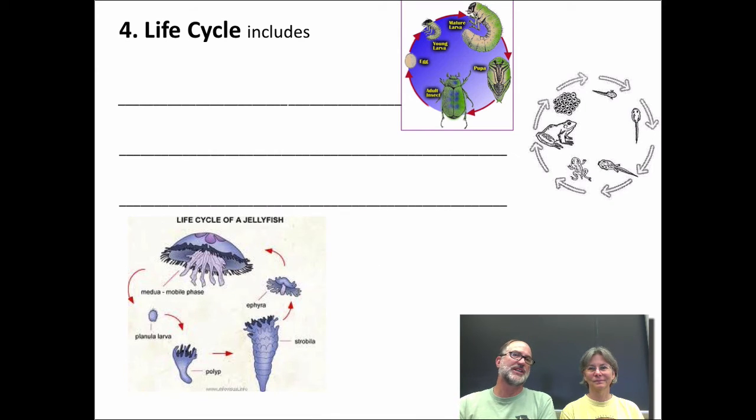Now, another characteristic of life is the life cycle. And some authors lump these characteristics in different ways, but for a life cycle, most of you are familiar with an insect life cycle. An egg hatches and the young larva comes out, eats all my tomatoes, and then matures into a large larva, which then pupates, and after pupation develops, emerges, I should say, as the adult. Frogs go through a similar type of thing, except they go through the tadpole stage and eventually into the adult frog stage.